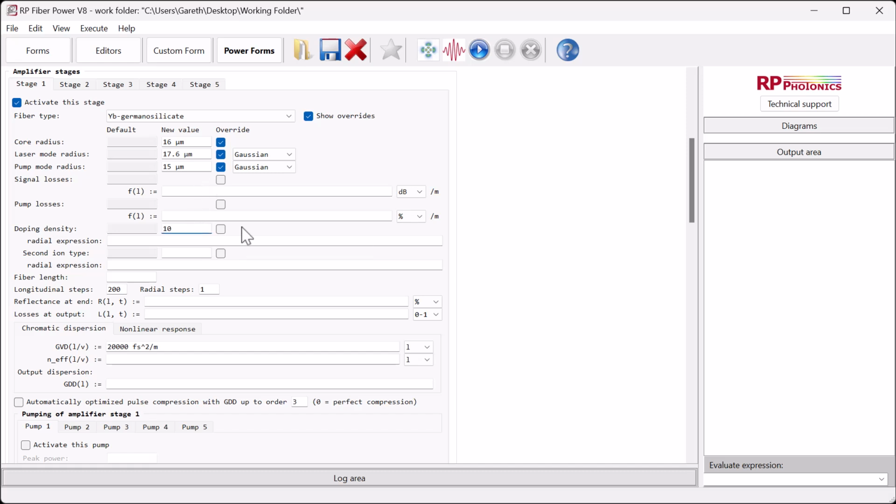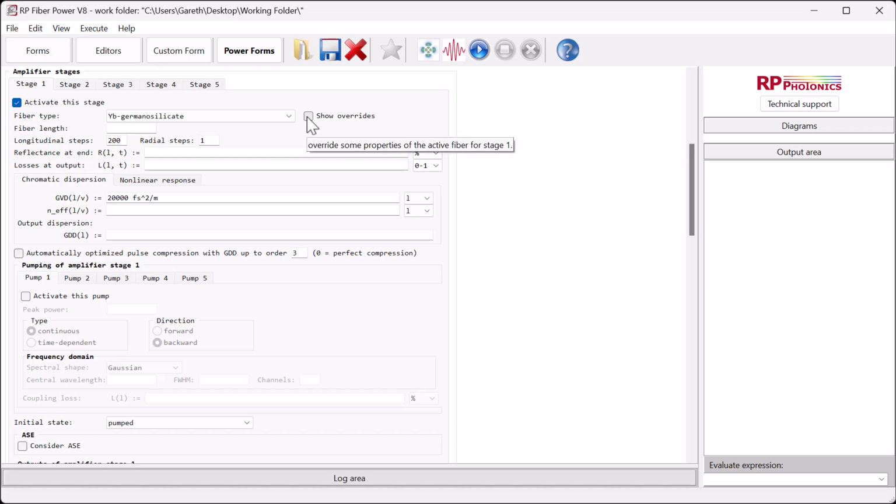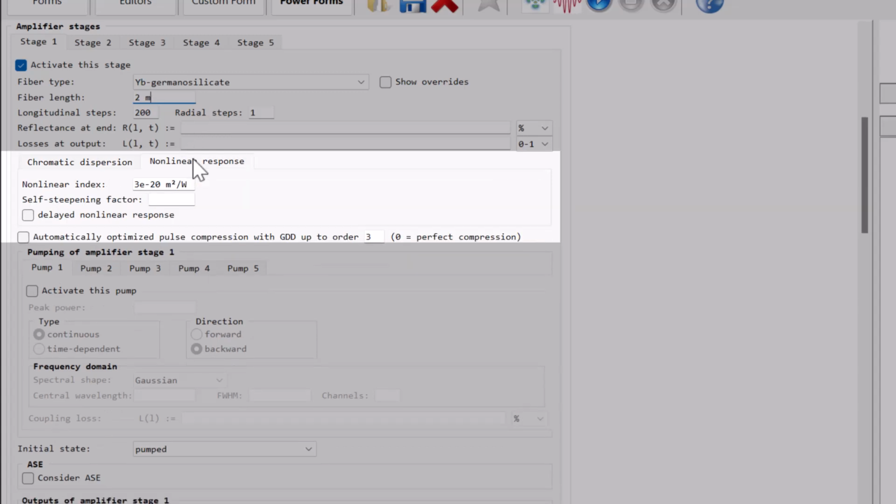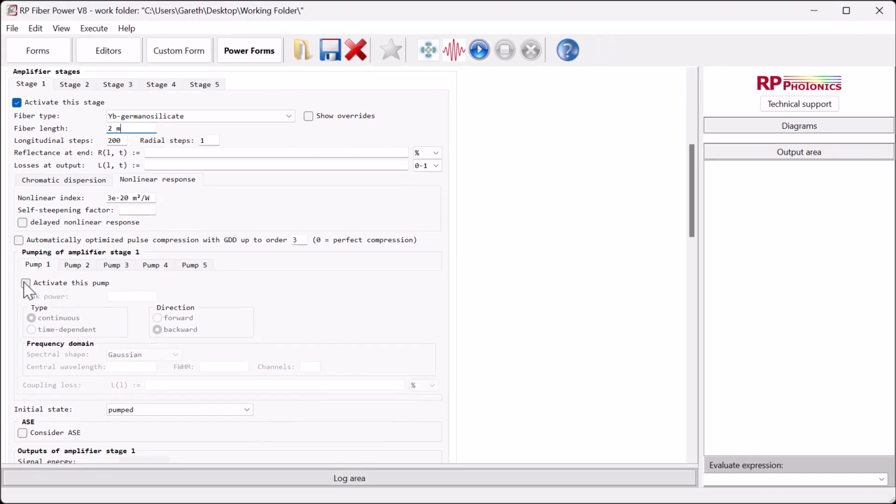We define the ytterbium doping density as 10 times 10 to the 24 per cubic meter and set the fiber length to 2 meters. We also add an appropriate chromatic dispersion and the nonlinear index as properties of the fiber. Next, we activate a pump, setting its peak power to 2 watts at 940 nanometers in the backward direction.